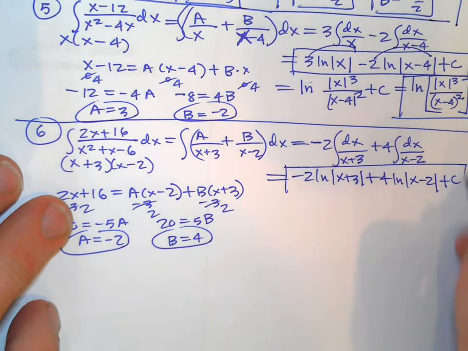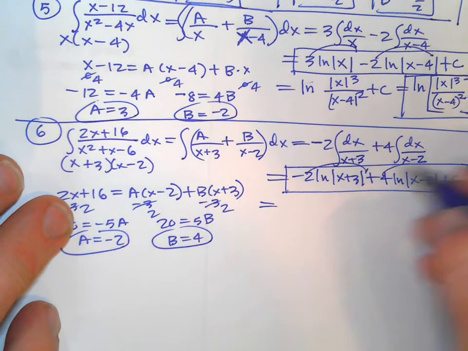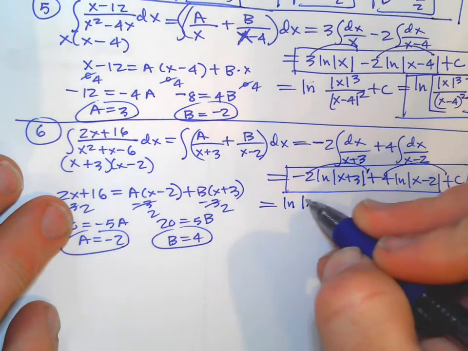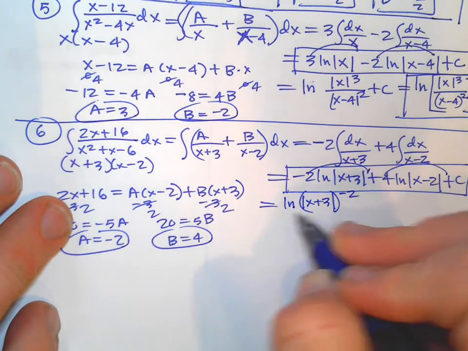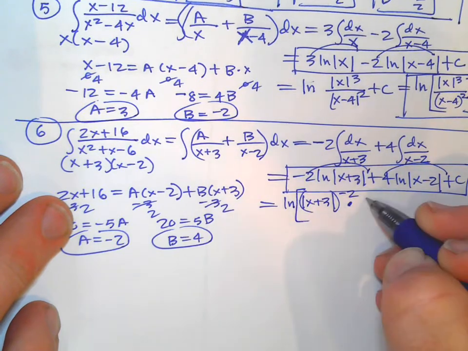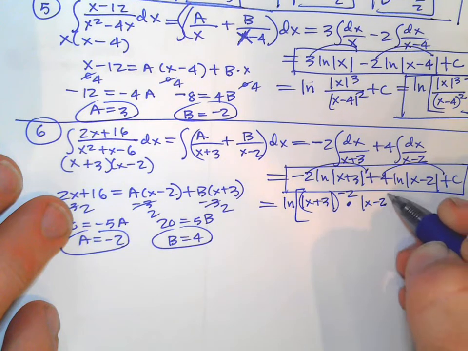So sure, this is an answer, but I want you to combine these with log rules. So we're going to bring these in. It's going to be natural log of (x plus 3) to the negative 2 power times (x minus 2) to the 4th.